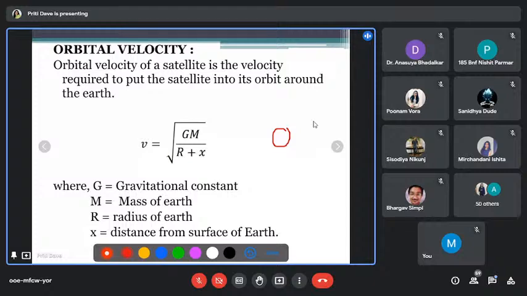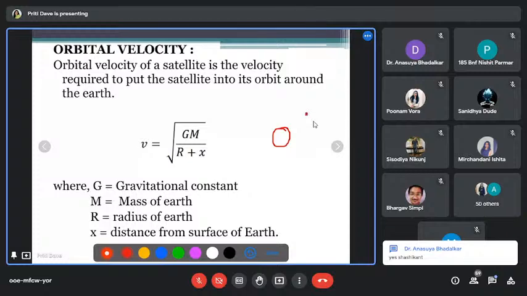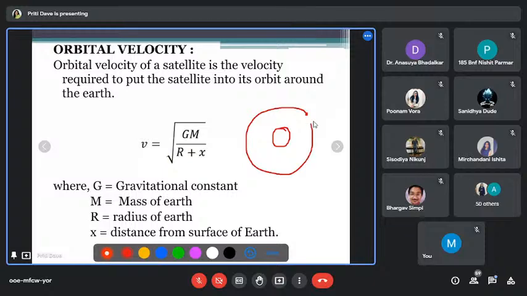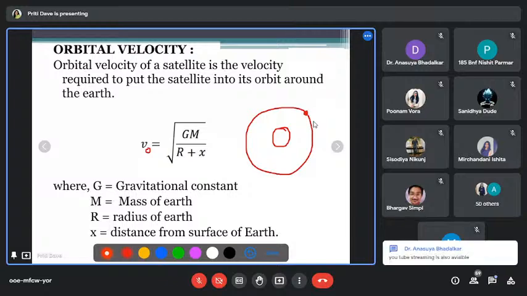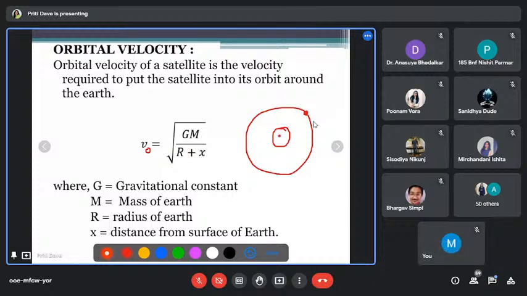If I have a satellite, the velocity that is required for it to move around the Earth is known as orbital velocity, and orbital velocity is given as VO is equal to root GM upon r plus x, where x is the distance, this is r, and this would be x.